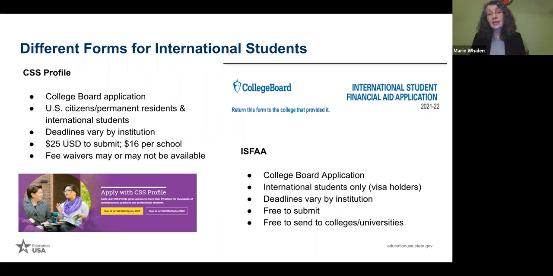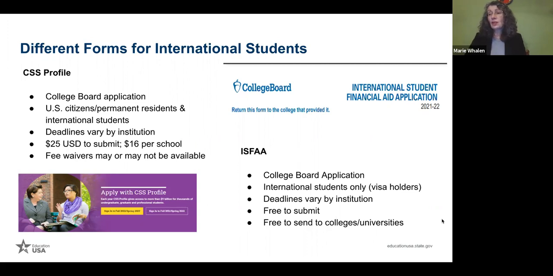And also the CSS profile is typically used by institutions that offer significant need-based aid, as Gail mentioned. Many more institutions, however, accept the ISFAA. Some accept both.